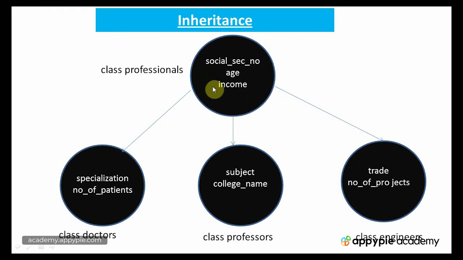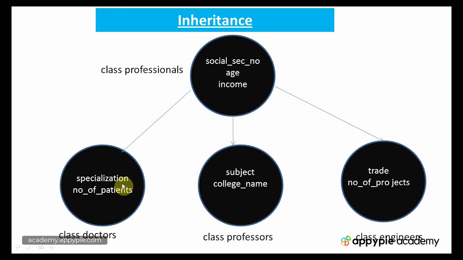So instead of declaring them separately in their classes, we can come up with a superclass, a parent class that would have this common data. And these classes are called subclasses or derived classes. These classes, Doctors, Professors, Engineers, have their specific data and methods.